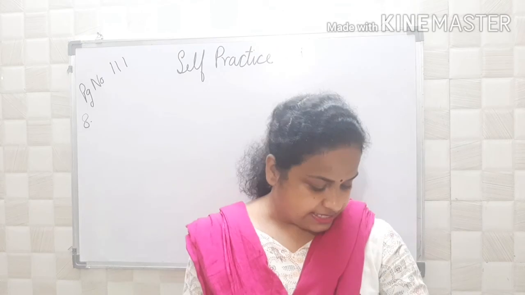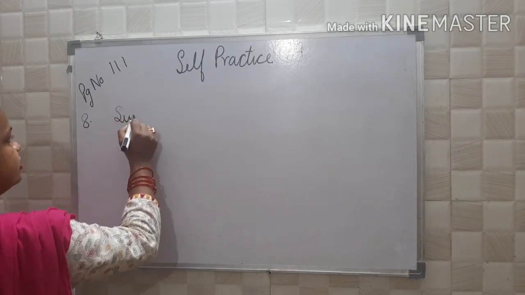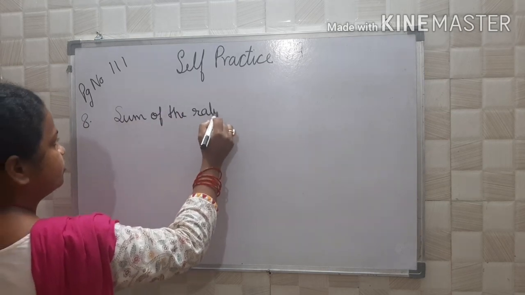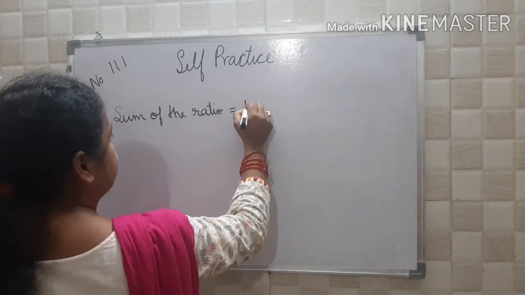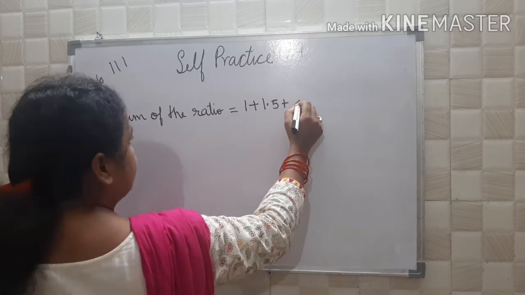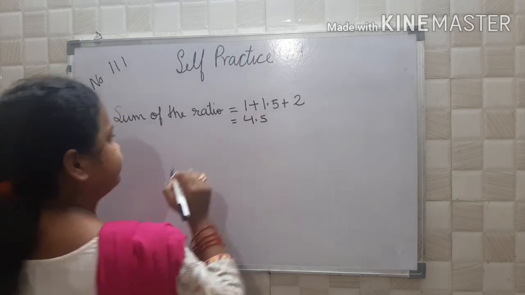So let us do. So firstly let us write sum of the ratio. So what is sum of the ratio here? 1 plus 1.5 plus 2, which is equal to 4.5.